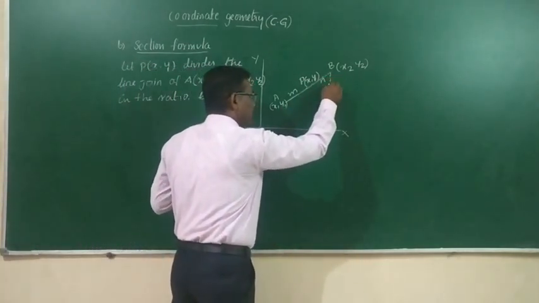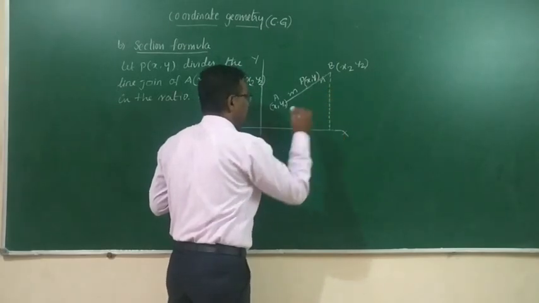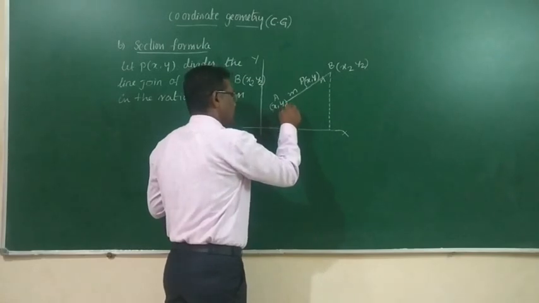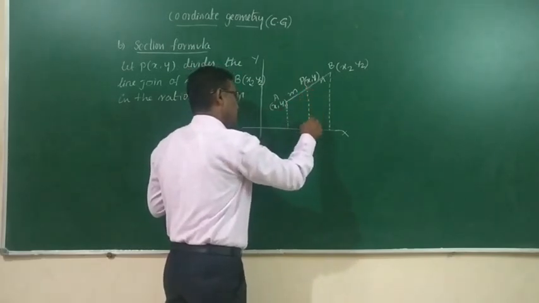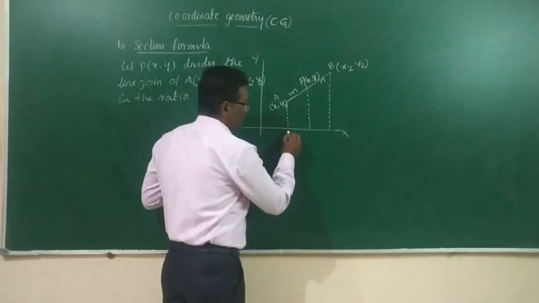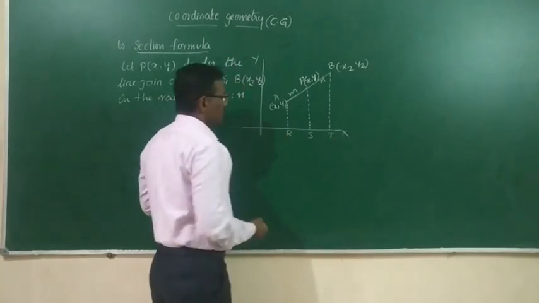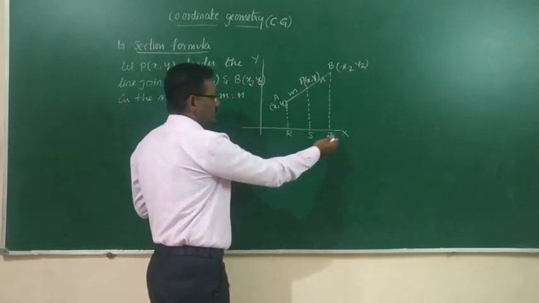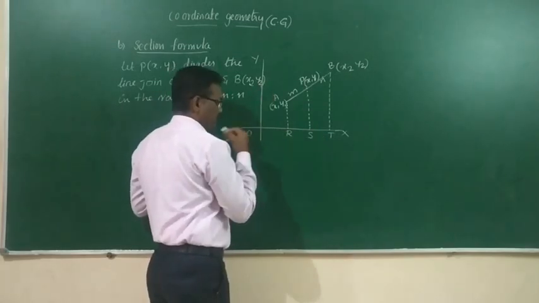So as earlier we discussed, we draw perpendiculars from A, B and P to the x-axis. Let us name them here R, S, T. Yes, of course we know that where the x-axis and y-axis meet, the point is the origin.